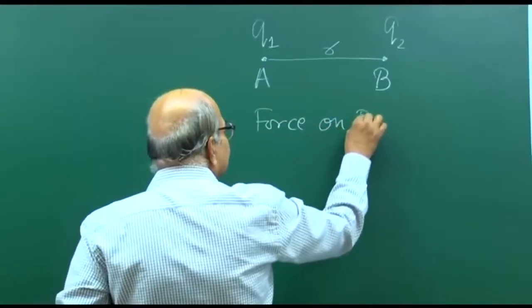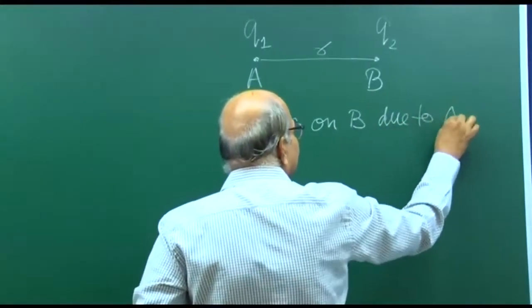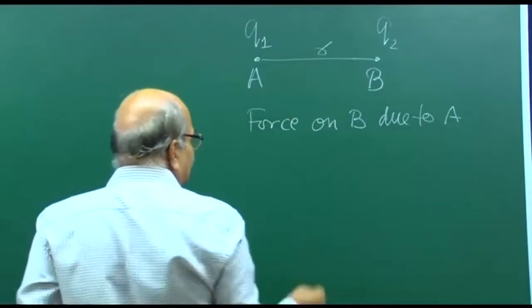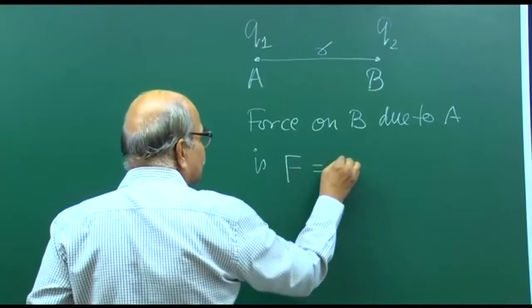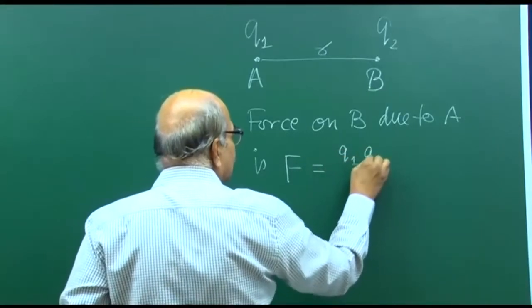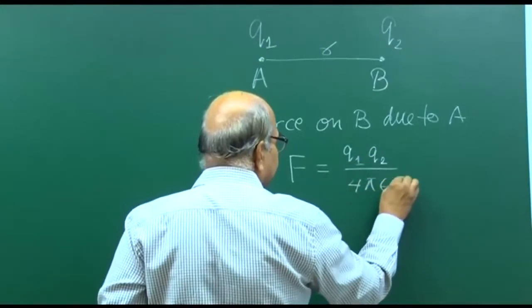So, if that happens, then the force on say B due to A, the electrical force, is given by F equals Q1 Q2 over 4 pi epsilon naught R square.